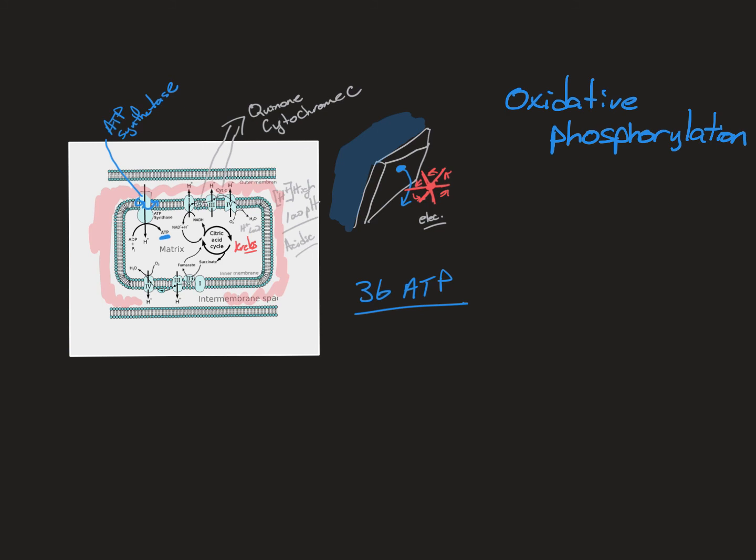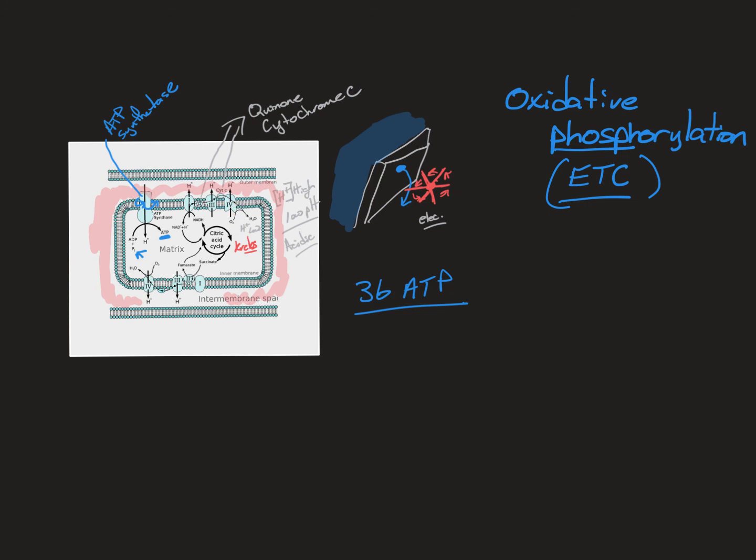So oxidative phosphorylation is just a fancy word for saying electron transport chain. Why do they call it that? Because we're adding phosphate to make ATP, right? Look at this, there's phosphate there, adding it to ADP, so that's phosphorylation. And we're transporting electrons from one carrier to the next, driving the creation of the hydrogen ion concentration gradient, high and low concentration differences.